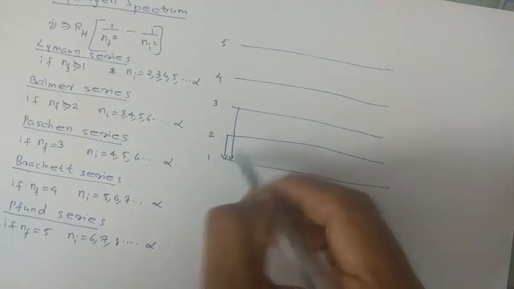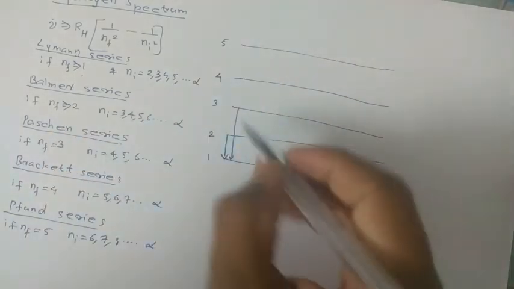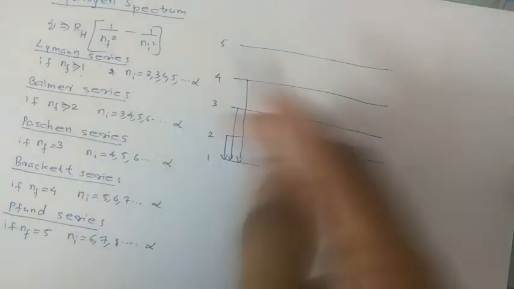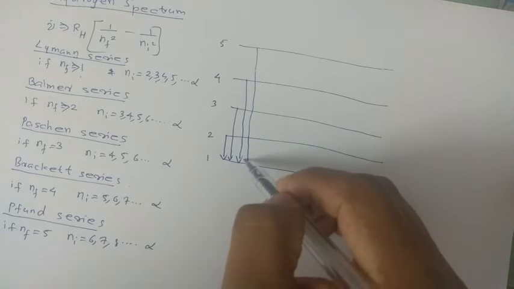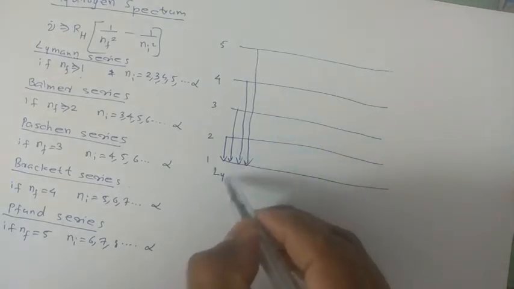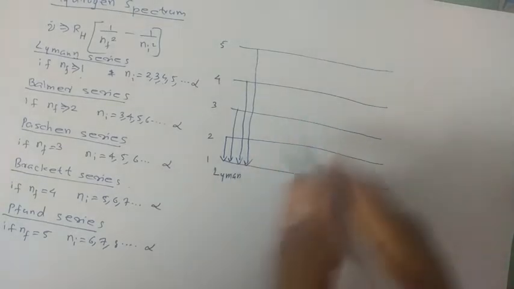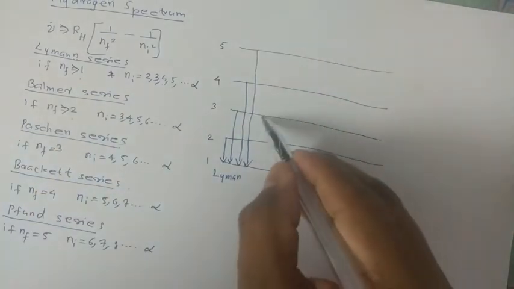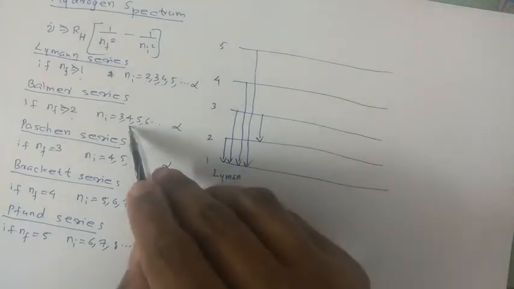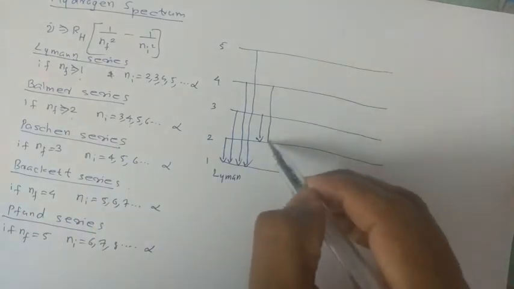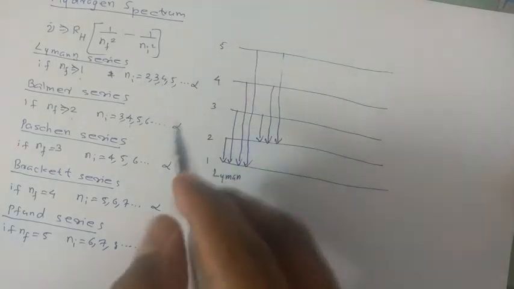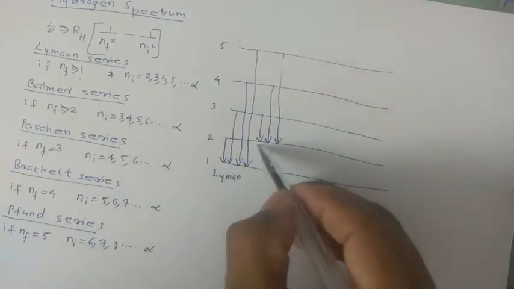Here 2 to 1, 3 to 1, 4 to 1, 5 to 1: Lyman. Second one, 3 to 2, then 4 to 2, 5 to 2: Balmer.